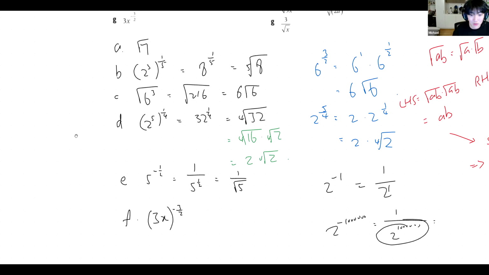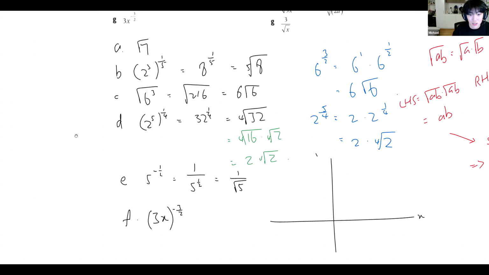That's why the graph of an exponential looks like this. This is your x, this is your y. Your graph is y equals k to the power of x, anything to the power of x. The graph looks like this.